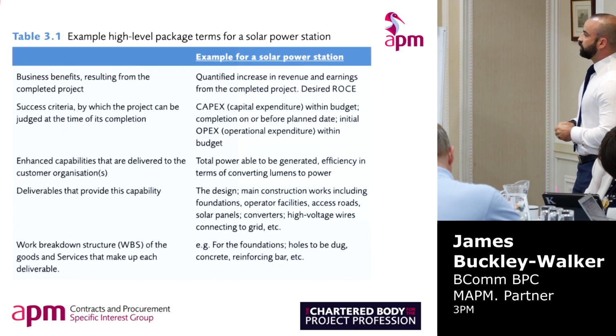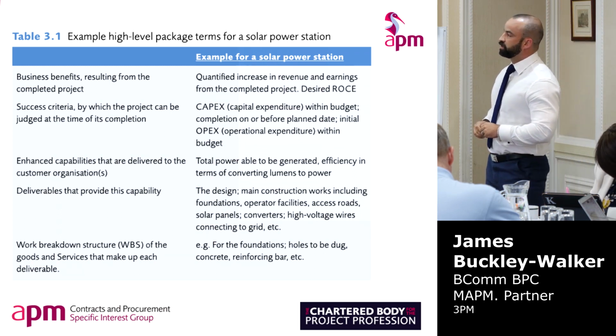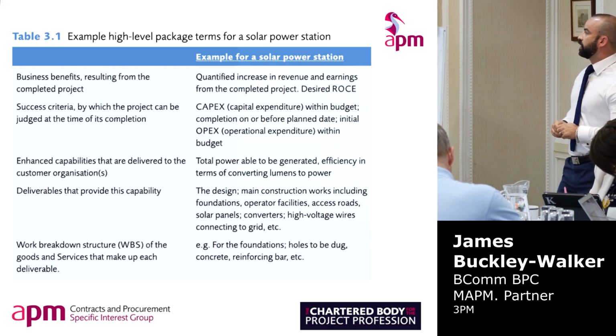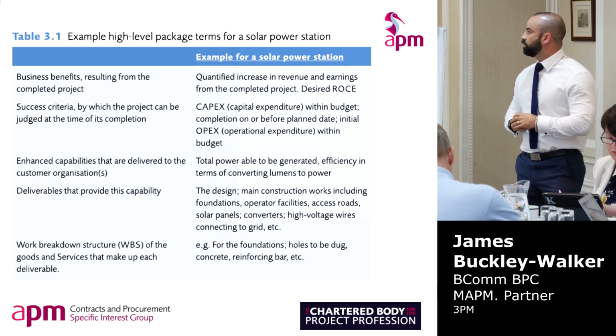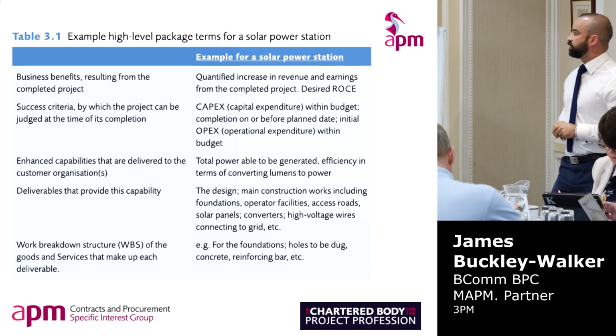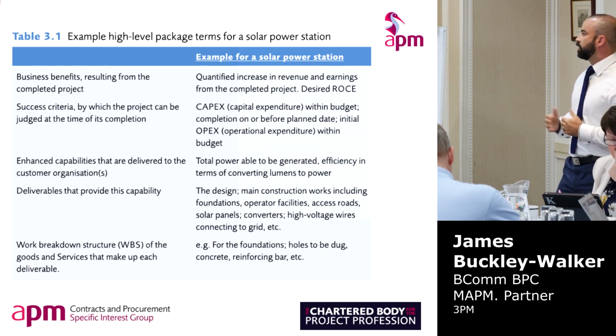So this is a neat little example from the guide. For a solar power station, what are the business benefits? Essentially revenue and earnings desired for the project. Success criteria: CapEx on budget, OpEx on budget, on program, potential quality.